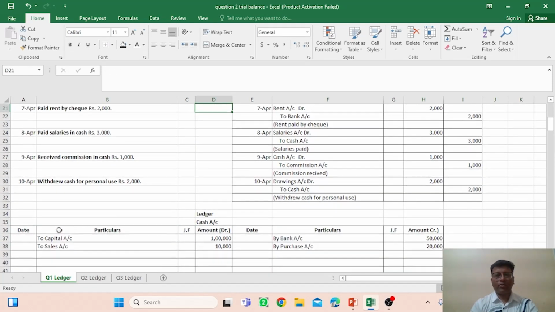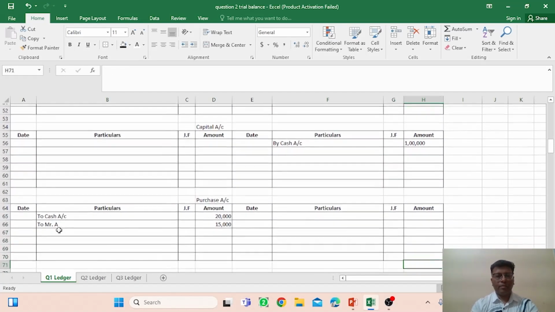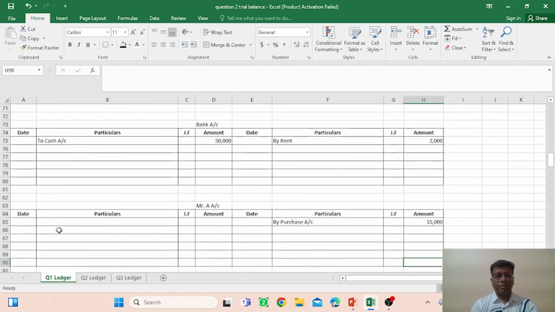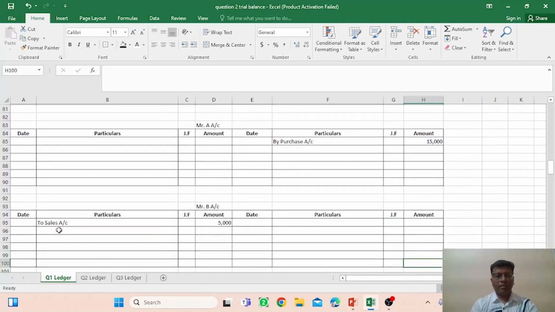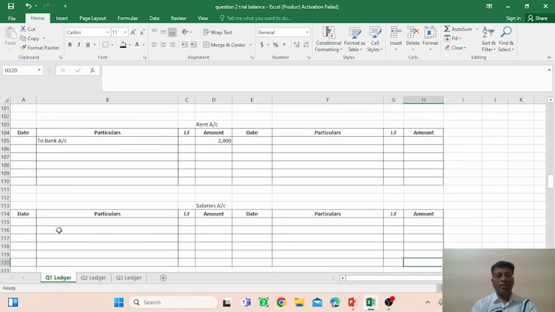And next transaction, salaries to cash 3,000, and salary account, right? Salary debit to cash 3,000, right?